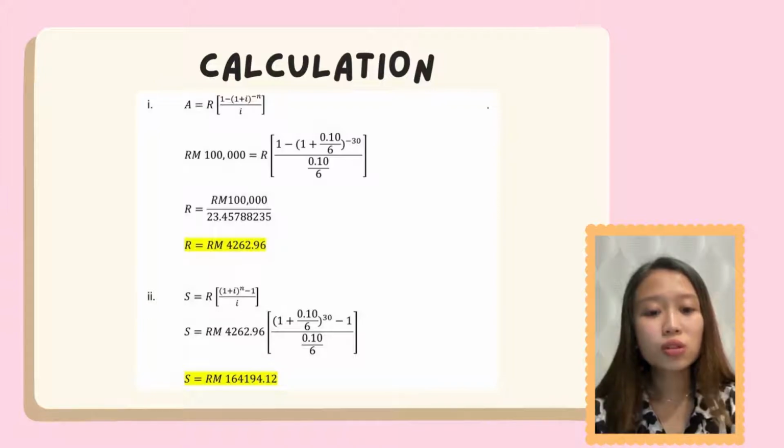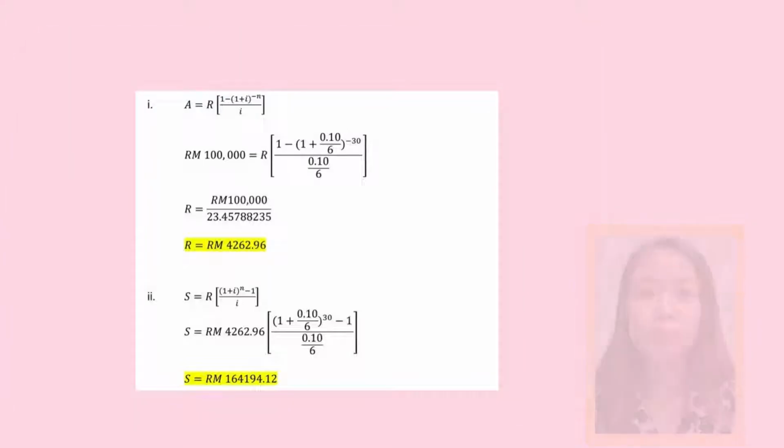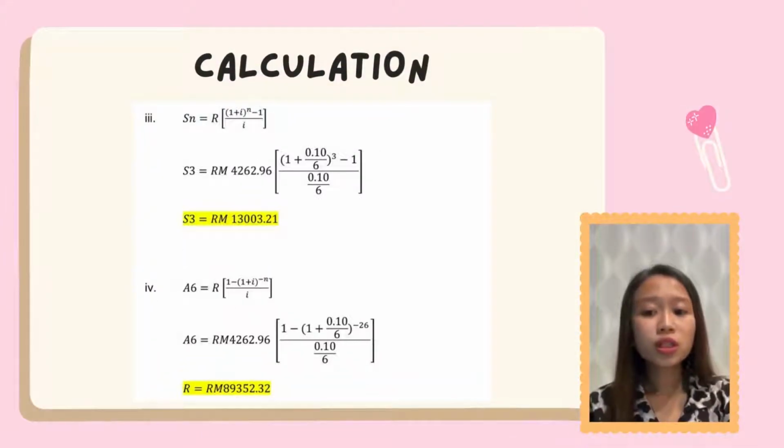So S equals R, we got the answer from question 1, which is RM 4,262.96, in bracket 1 plus 0.10 over 6 to the power of 30 minus 1, over 0.10 over 6. So for the future value we will get RM 164,194.12.